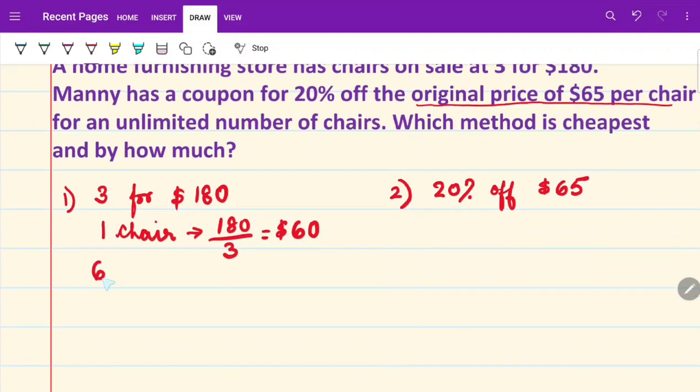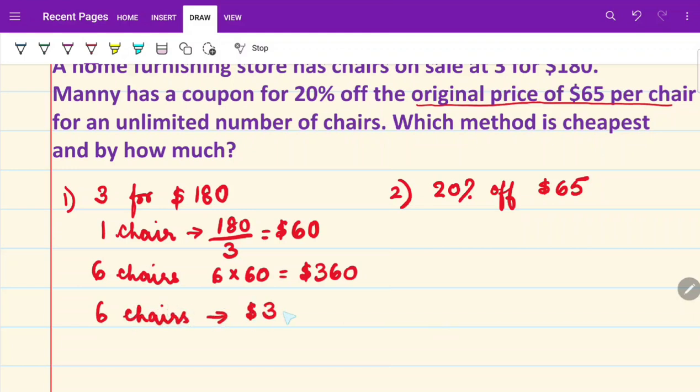Therefore, 6 chairs would cost Manny 6 times $60, which is $360 for 6 chairs, right? So that's by the first option.